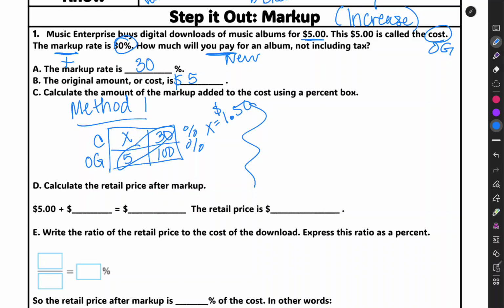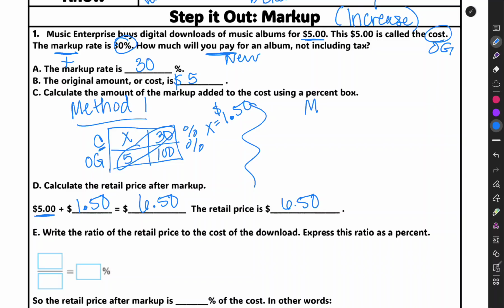And so if the business buys it for $5, we're marking it up $1.50, which means the customer is going to buy it for $6.50. So the retail price is $6.50. Because remember, this is the change box, and this is how much it has changed.